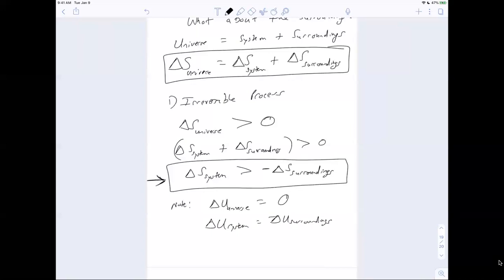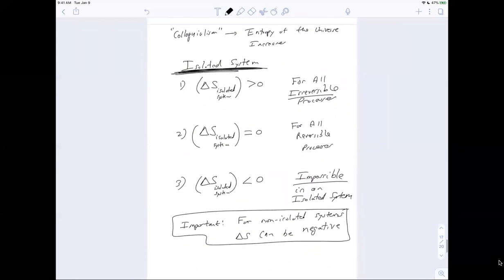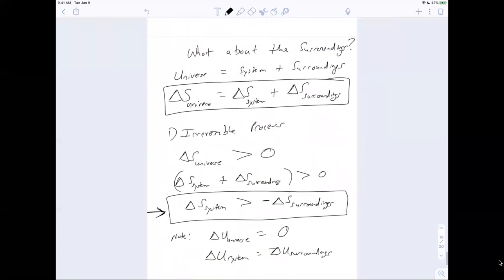And if you understood how we got to this point right here, everything is clear, because we know that for an isolated system, i.e. the universe, we have these inequalities. So if you have an irreversible process occurring in the universe, knowing that delta S of the universe is an addition of two things, we can relate those two things. And we know that an irreversible process in an isolated system, i.e. the universe, has to be greater than 0.